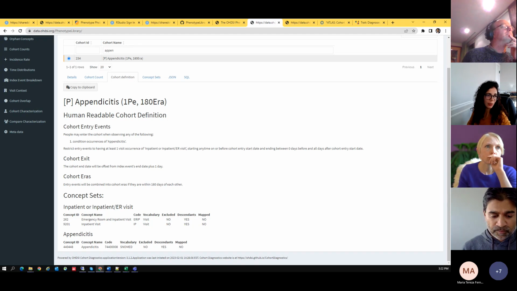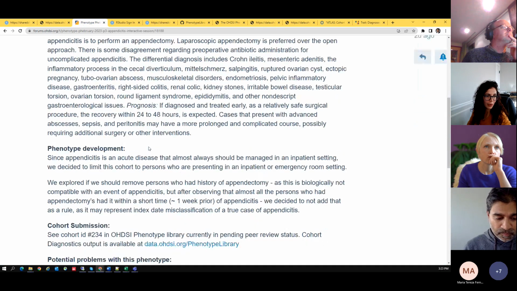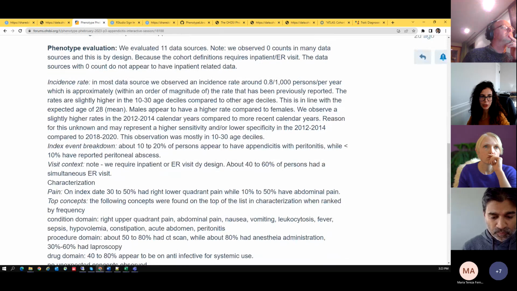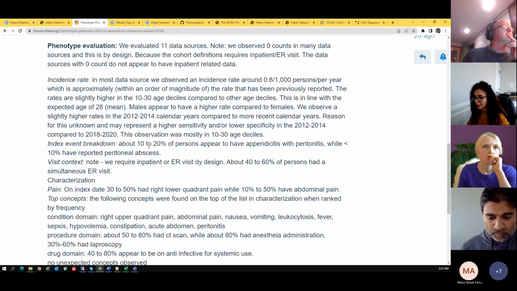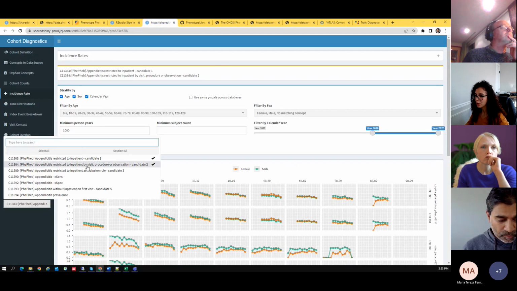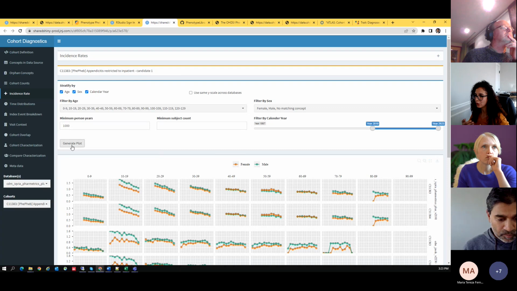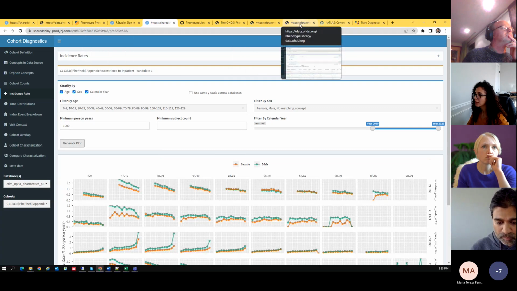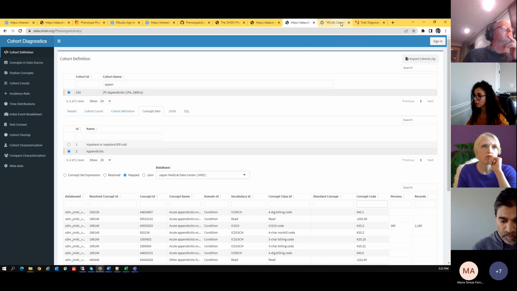The other thing we can look at from Cohort Diagnostics is the cohort characterization. Gowtham, you summarized your observation of the cohort characterization from Atlas. What we look at is basically the clinical profile of the people we are capturing in the data using that definition. What is the distribution of events that we observe?